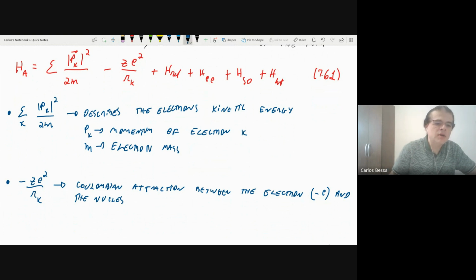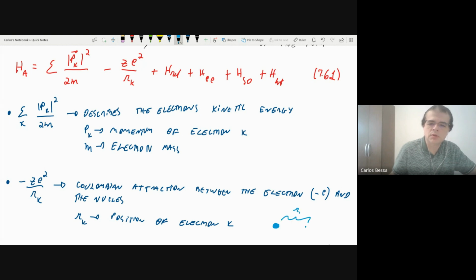And r_k here is the position of electron k, relative to the nucleus. You have the nucleus here and the electron here, so in this case r_k is this.